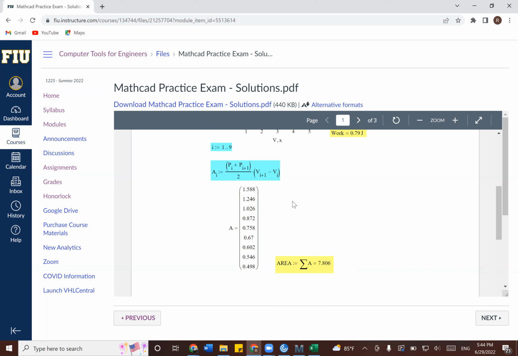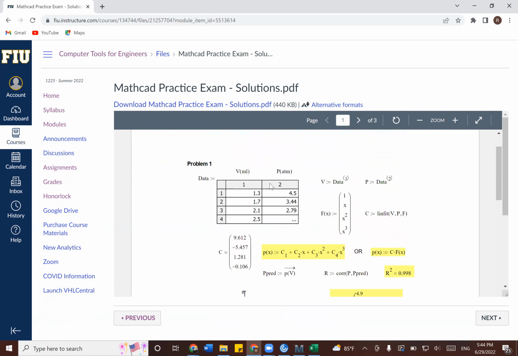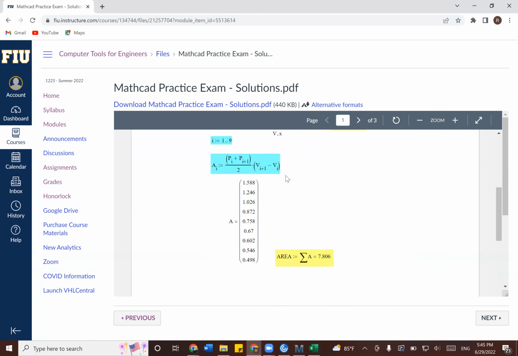Unless you just want to change the other X's to P's, if that makes more sense to you. Yeah. Okay. So everywhere where you see capital X, you change it to V, and then capital Y, you change it to P. Right. Change that to P.